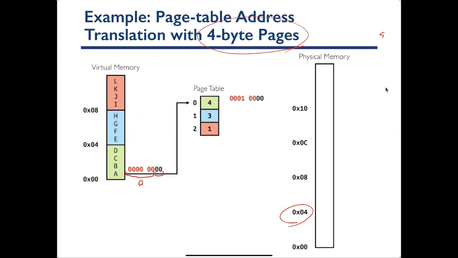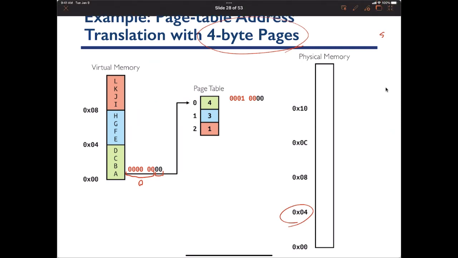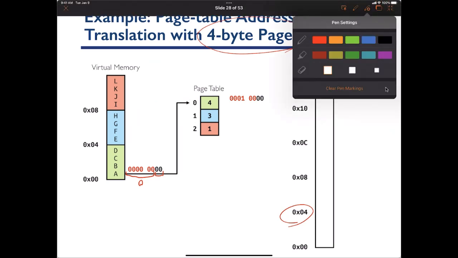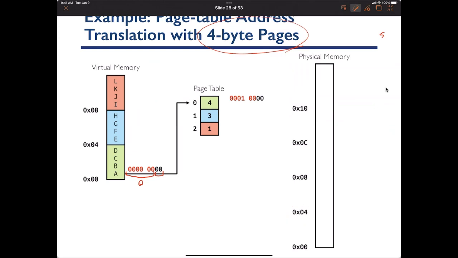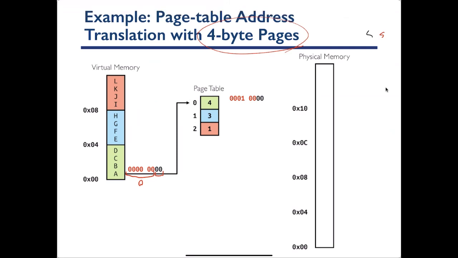Sorry, my mistake. So we have to actually construct the physical address. The way we construct the physical address is we copy the physical page number, which is 4. So 4 is 100, right?